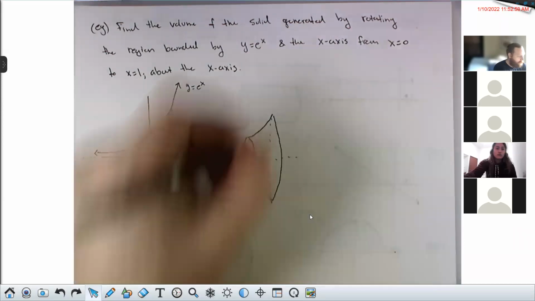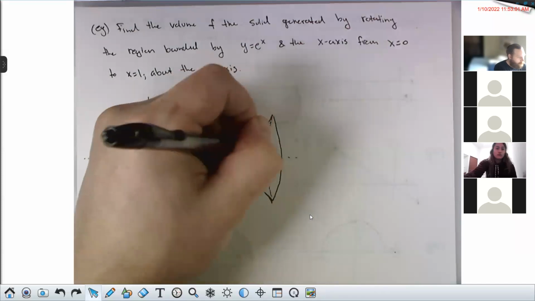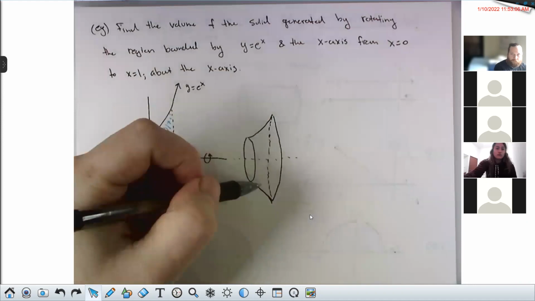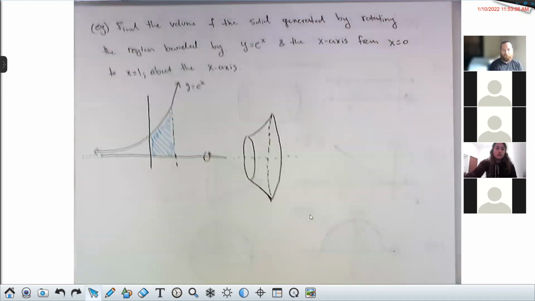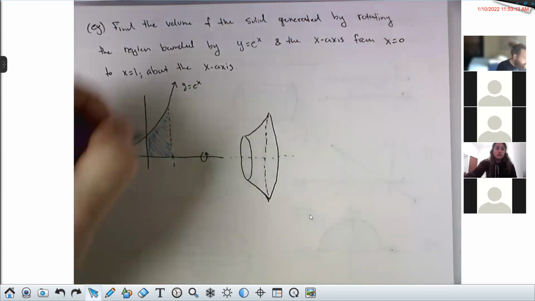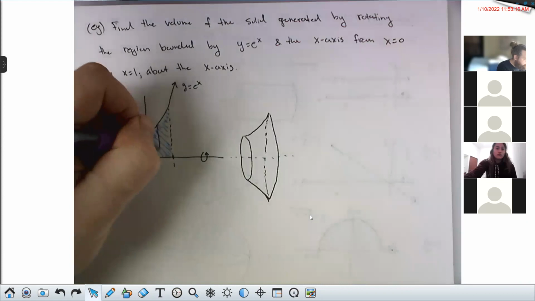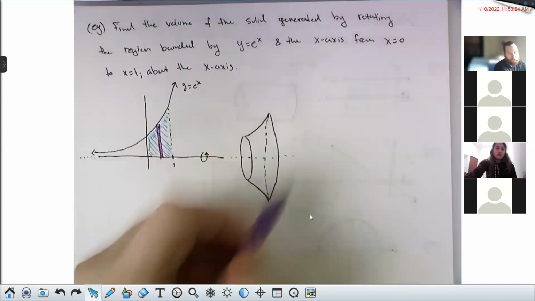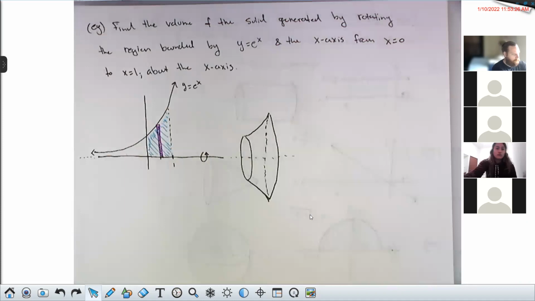The way we do that, we could go through that whole procedure of thinking about a slice of this thing and finding a formula for the cross-sectional area, but I've got a much cleaner procedure for you. It just requires that you draw in a little strip here. The strip I will always draw. The only thing here that is optional is drawing the whole 3D solid.